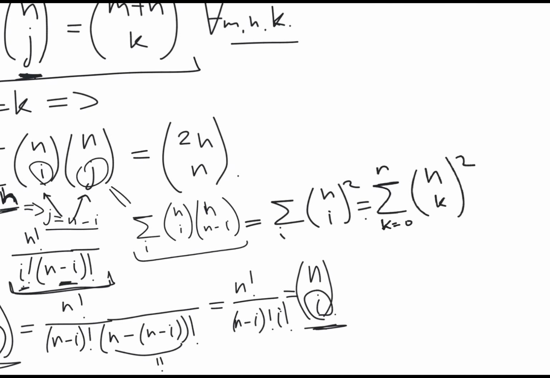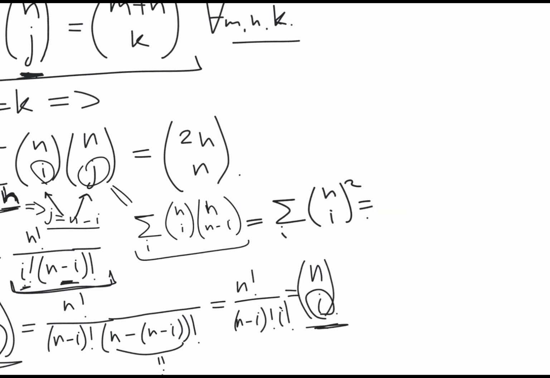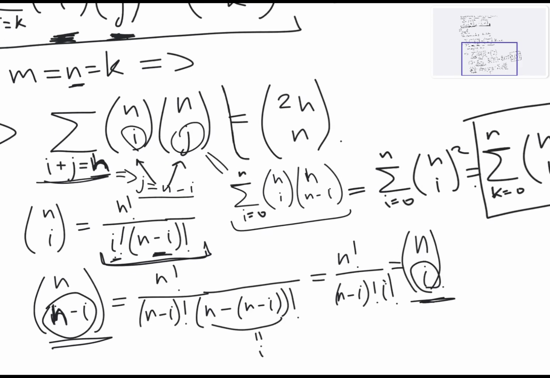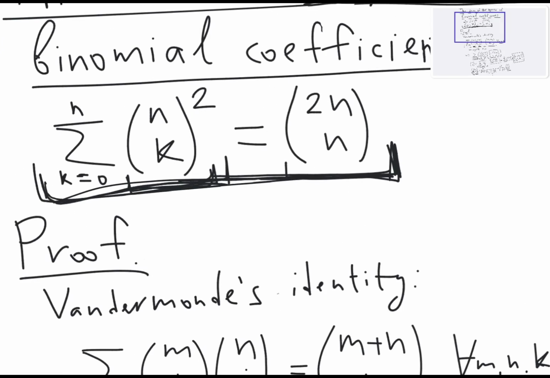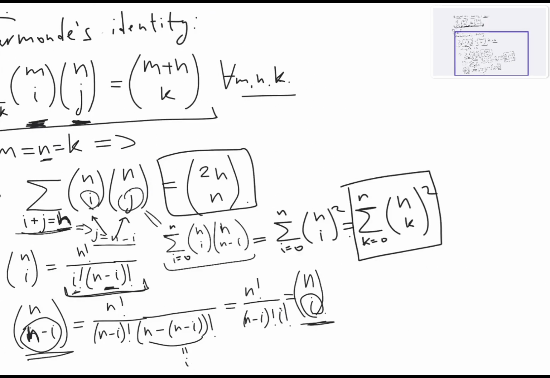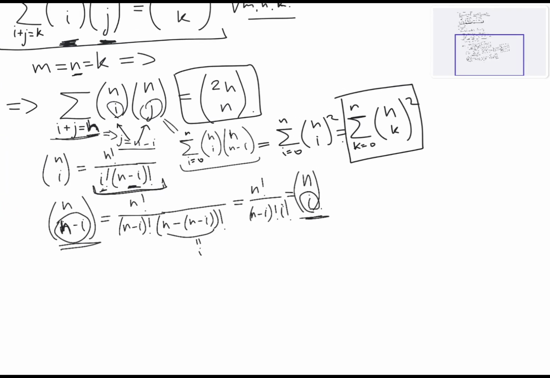And i, by the way, is also from 0 to n. I didn't write it, but it's assumed. So this is equal to this by the chain of equalities, and this is exactly what we need in the statement. So this concludes the proof.